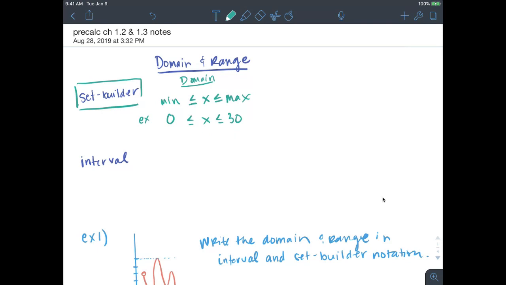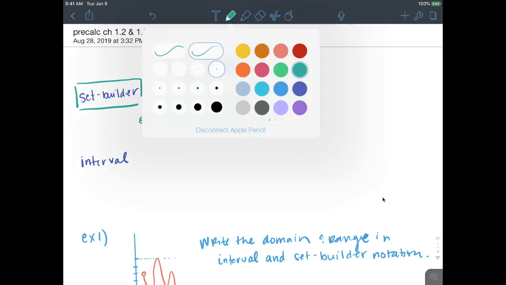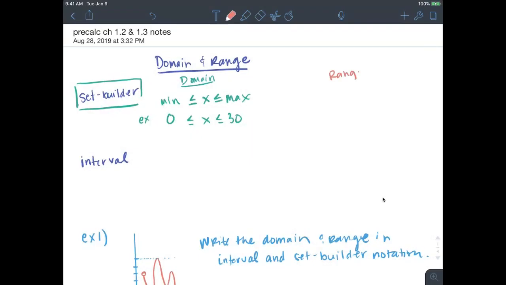Okay, the range, again, is set up in the same way. The min is less than or equal to our y value, which is less than or equal to our max value. The y value is the value we're using, basically.